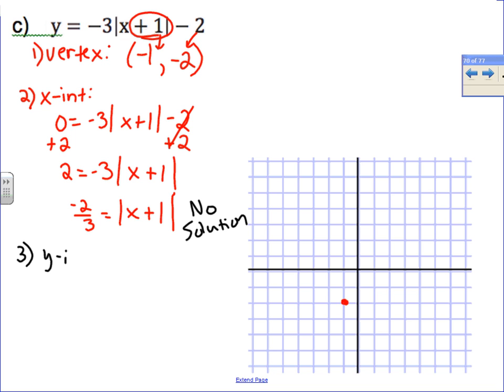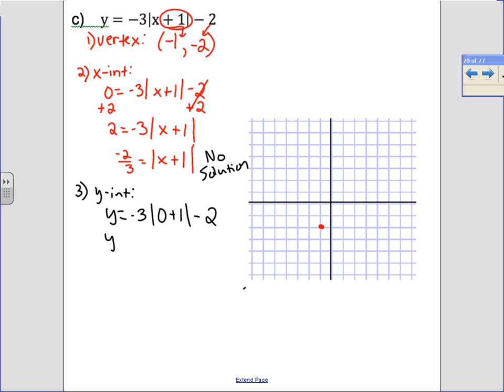So let's go to our y-intercept and see if we find one. To find a y-intercept, we plug 0 in for x. So y equals -3 times the absolute value of 0 plus 1, minus 2. 0 plus 1 is 1, and -3 times the absolute value of 1, which is 1, gives us -3, minus 2, which is -5.